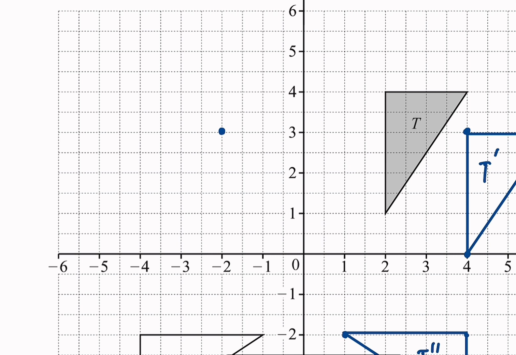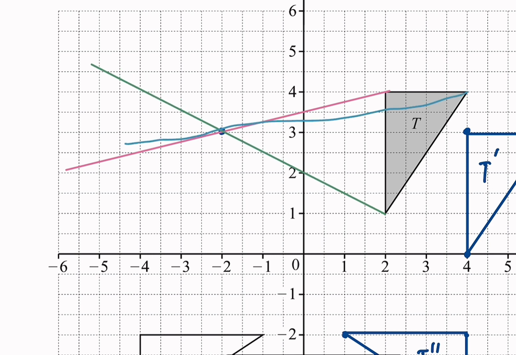And then I want you to draw a line from the triangle past this dot. Therefore, the first line is this. And the second is this. And the last one is this.